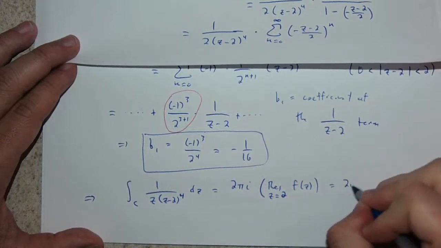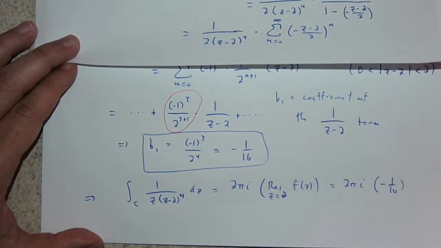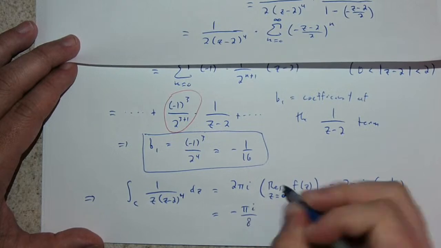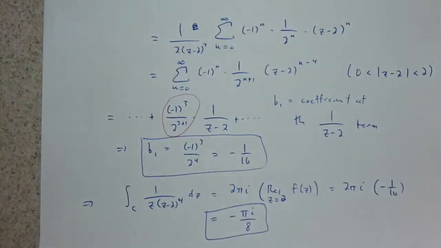That is 2 pi i times minus 1 over 16, which is minus pi i over 8. All right, so let me know if you have questions about that.